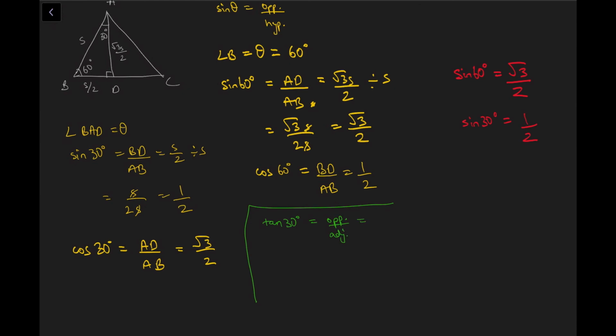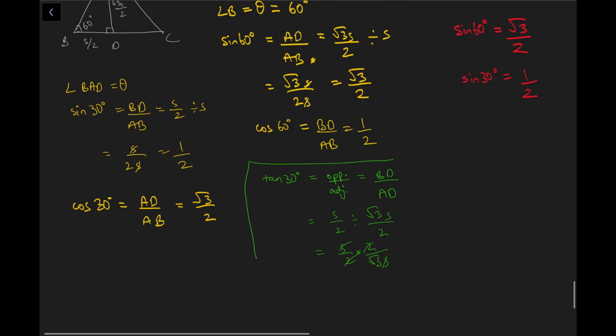So in this case, it's going to be BD divided by AD, which is equal to S by 2 divided by root 3S by 2, which is S by 2 into 2 divided by root 3S. Can cancel the S and the 2, and we'll get 1 by root 3. Similarly, you can try on your own, and you'll find out that tan 60 is equal to root 3.